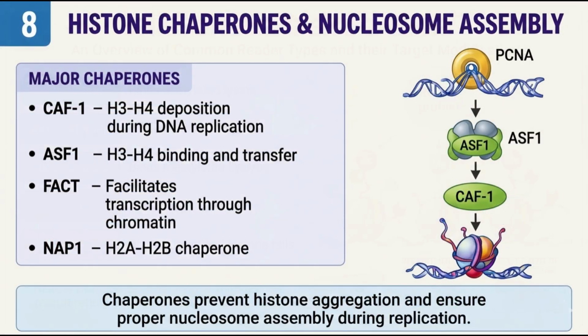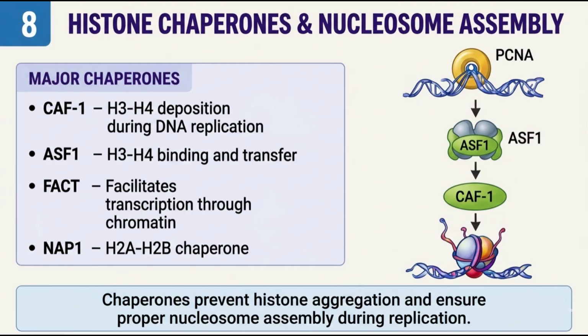Histone chaperones and nucleosome assembly. Nucleosome assembly is not spontaneous and requires histone chaperones. Histone chaperones prevent inappropriate histone aggregation and guide histone deposition onto DNA. Important histone chaperones include CAF1, ASF1, FACT, and NAP1.